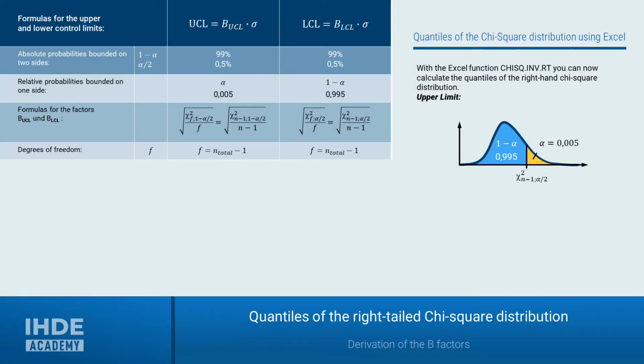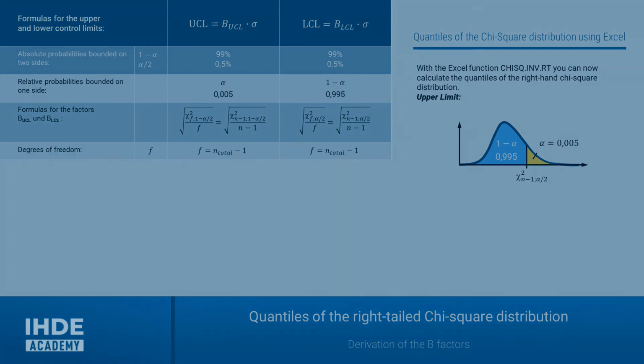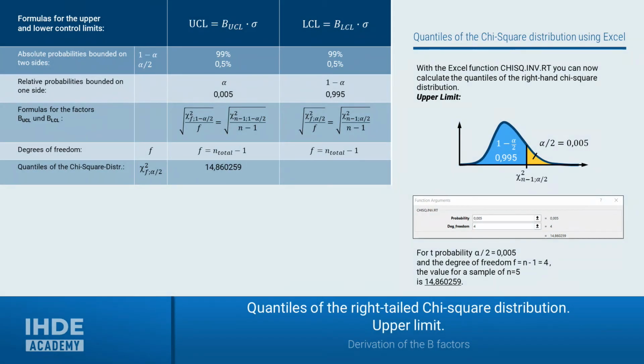Just as we have determined a quantile with the help of tabulated values, we will now do the same thing, only this time with the corresponding Excel function. Please don't get confused at this point. The formulas for the factors refer to the original non-interference probabilities with 2 limits and not to the one shown on the right with only 1 limit. Let us first calculate the quantile for the upper control limit for a non-interference probability of 99%.